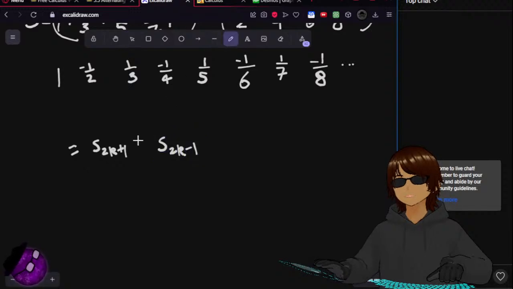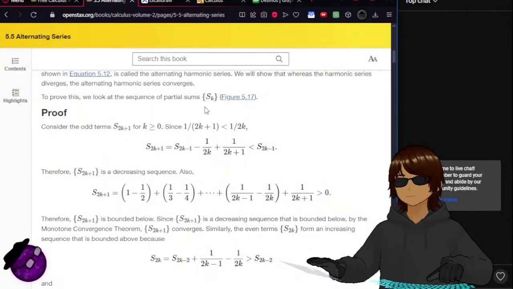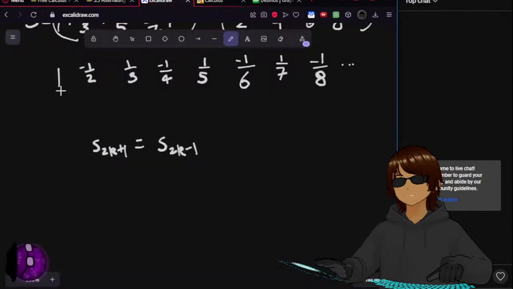The next odd term is S2k plus 1. K here is what? K here is sk. So k is 1, k is 2, k. I'll put k here. And I'll put s of k here.